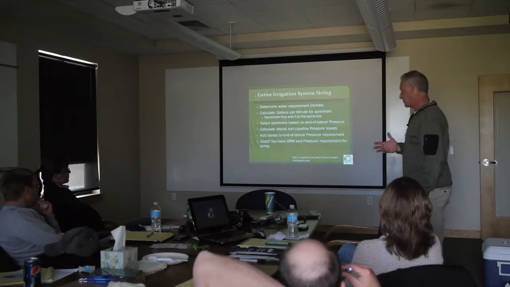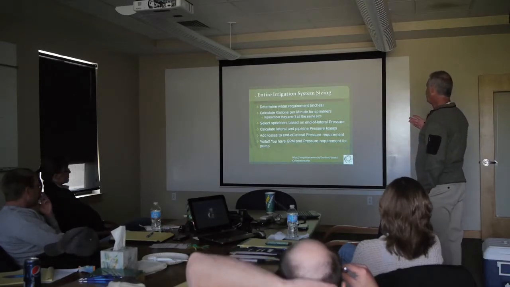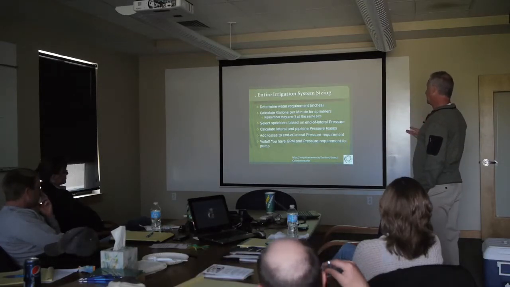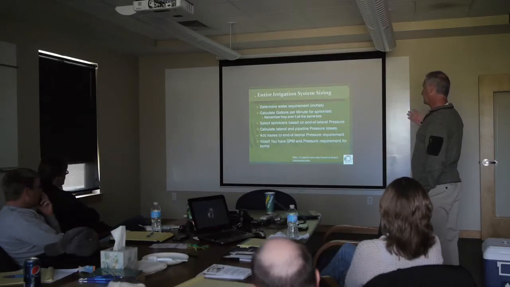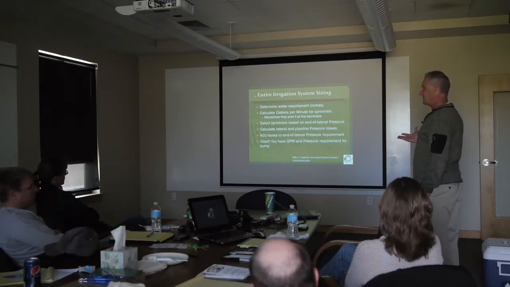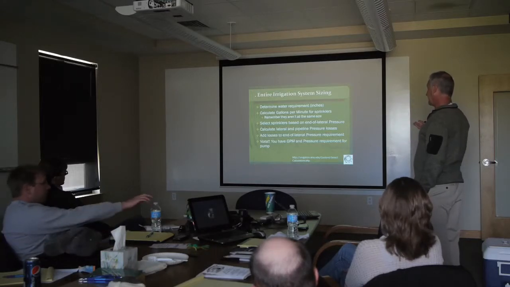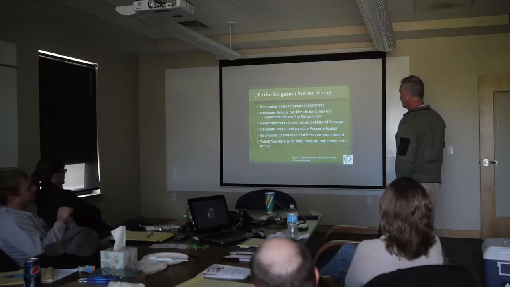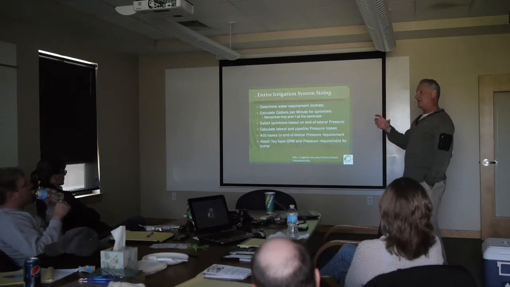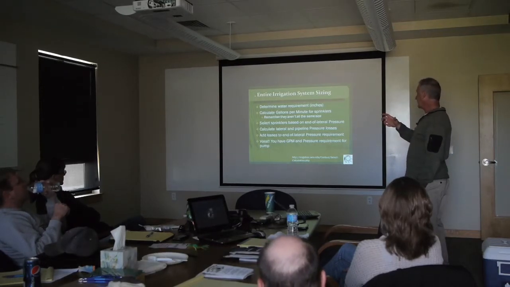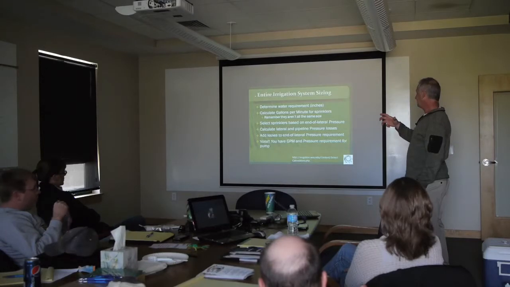So here's your method. Determine water requirement in inches. That's the ET divided by the field capacity. Calculate gallons per minute for the sprinklers. That's how much area the sprinkler is going to cover, and the rate that they're spraying.